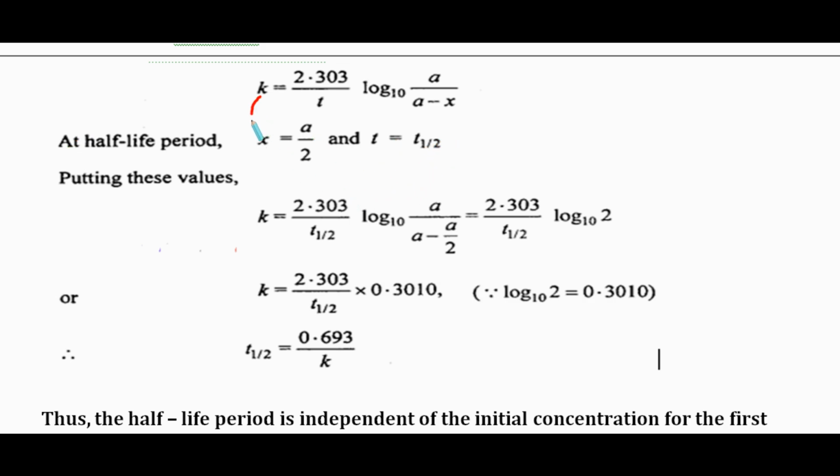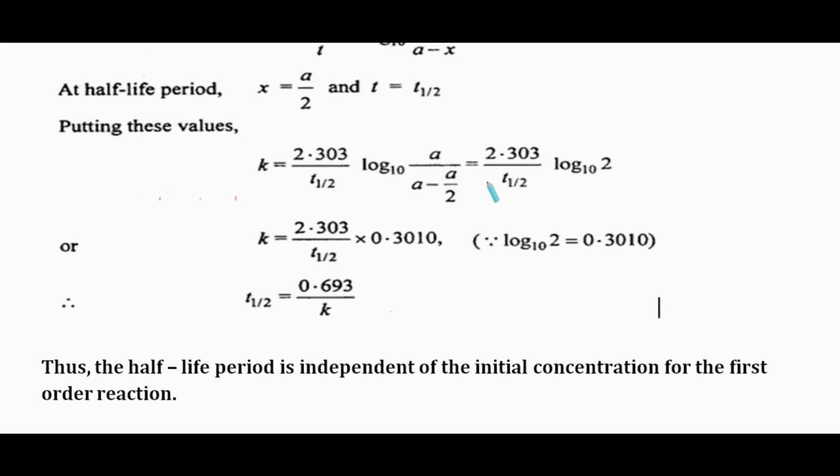Putting these values we get k equals 2.303 upon t half log10 a upon a minus a upon 2.